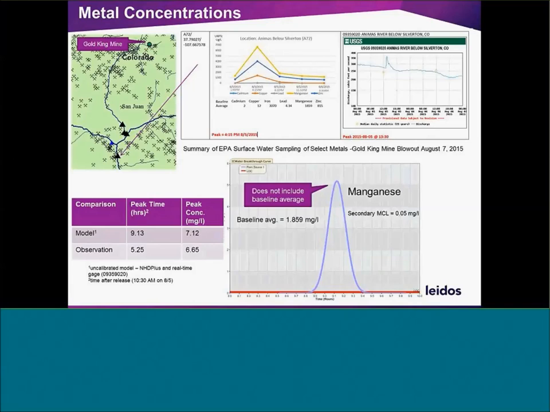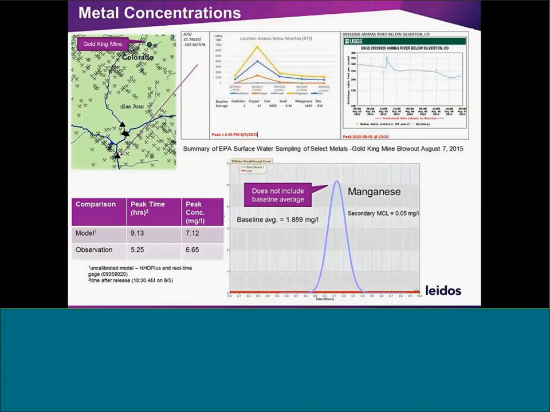We did some initial comparisons between manganese levels that were observed. You can see that in the upper graph there. There are actually a number of different metals that are being reported there. Our model predicted a peak concentration of manganese of a little over 7 milligrams per liter.